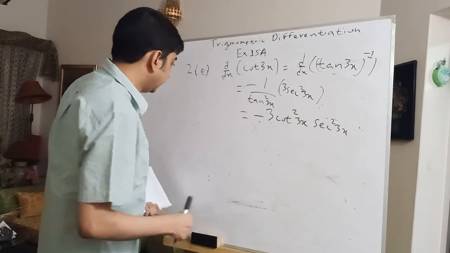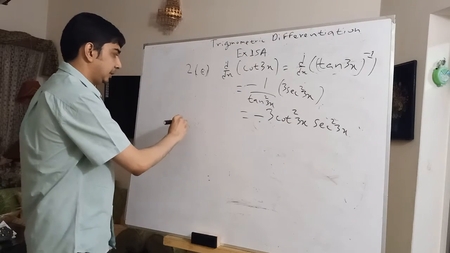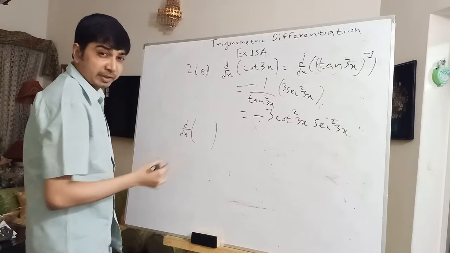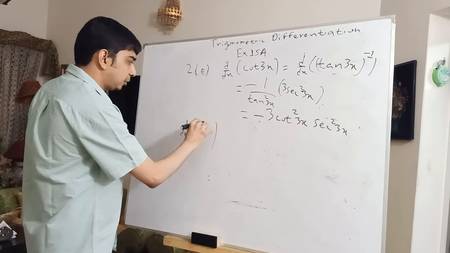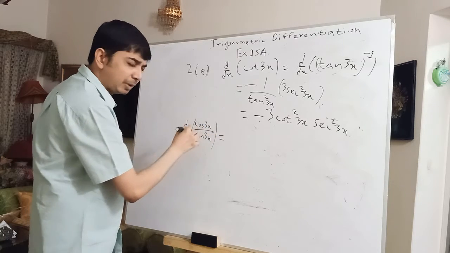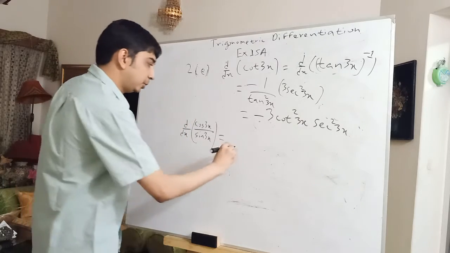So now let us try to do it in a different way. That is differentiation of cot 3x. I can write this as cos 3x by sin 3x. So now I can apply the u by v rule, the quotient rule. So what do I get?